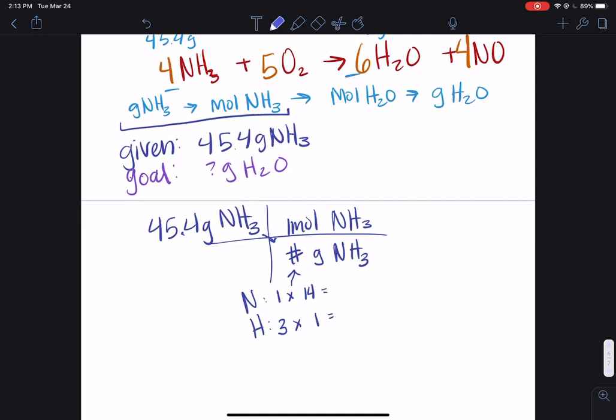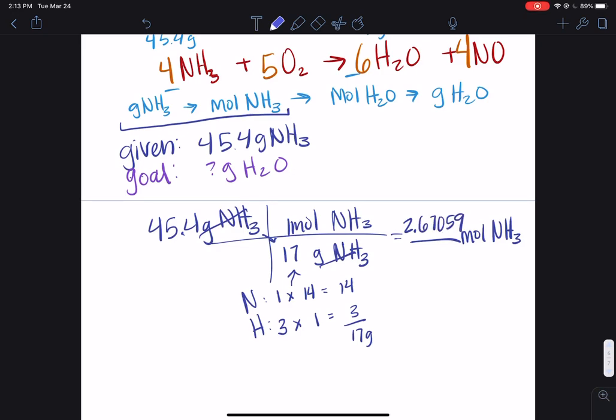So 14 and 3 added together is 17 grams. So this number is 17, because it's 17 grams per 1 mole of ammonia. That cancels gram with gram, and you're left with moles of NH3. If you put that in your calculator, it gives you 2.67059.